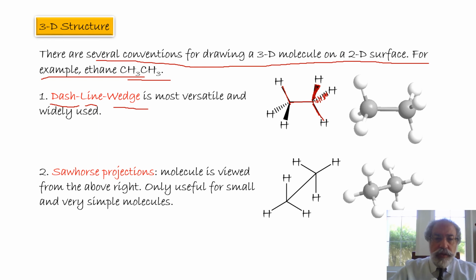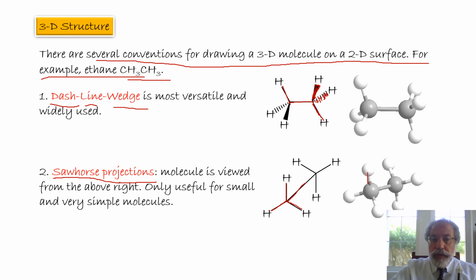Now if I'd like to draw another type, they call it Sawhorse projection. I tilt this a little bit, 45 degrees, and look at the molecule from the top, and draw it. So this one is in front, and this one is in the back.